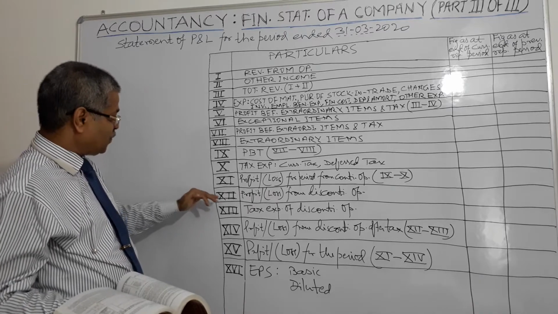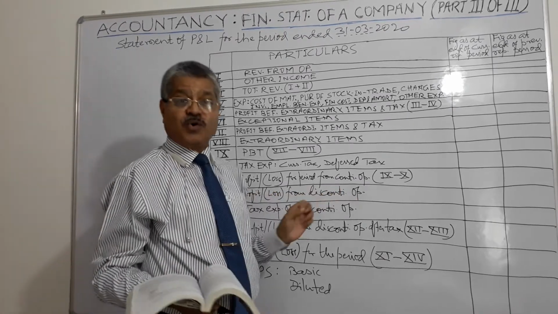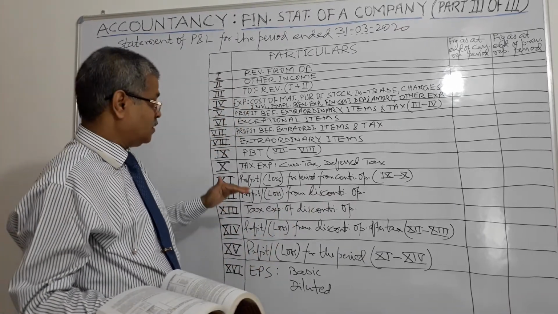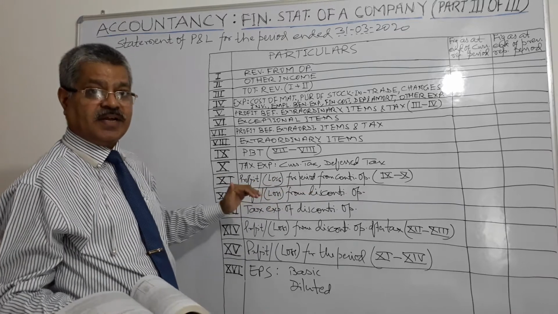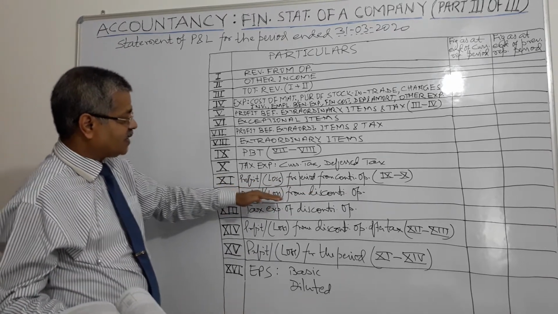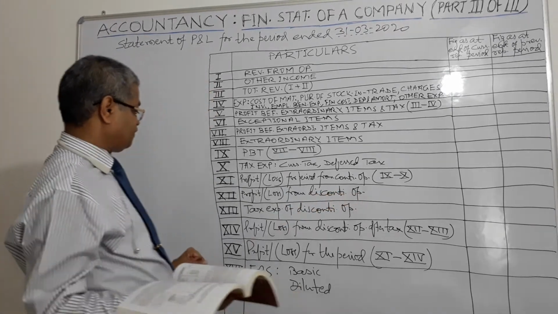Then 12th item, profit or loss from discontinuing operations. If there is discontinuation in the business or operations, whatever profit or loss arises out of the discontinuation of operations will come here.